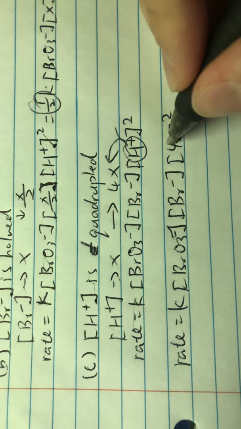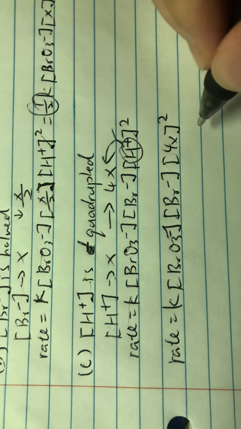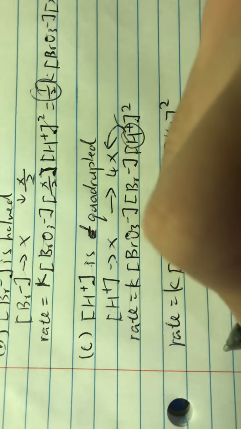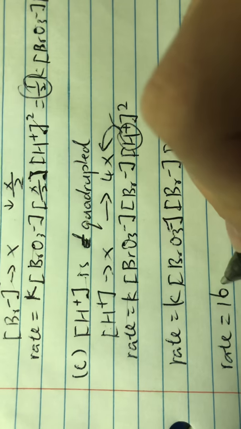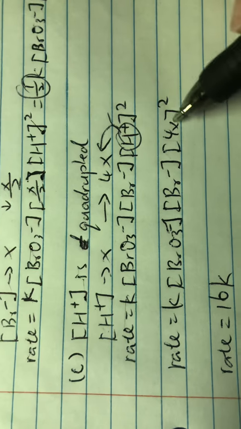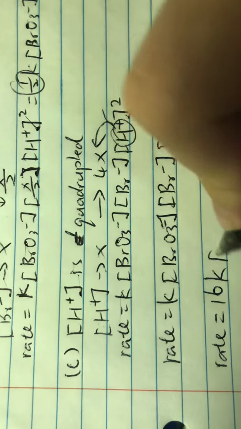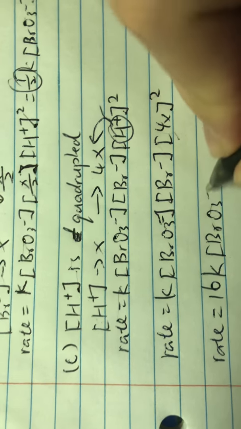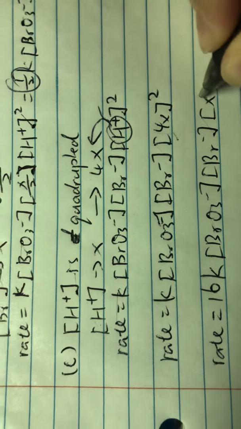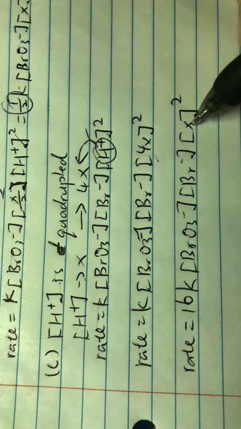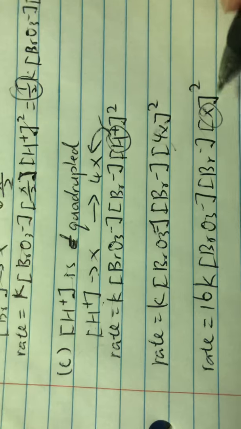And now if we look at it, 4 squared would be 16. So the rate would again be 16k, if we take the 16 out of here, times BrO3 minus times Br minus, then times x squared, which is the same because now x is H plus.